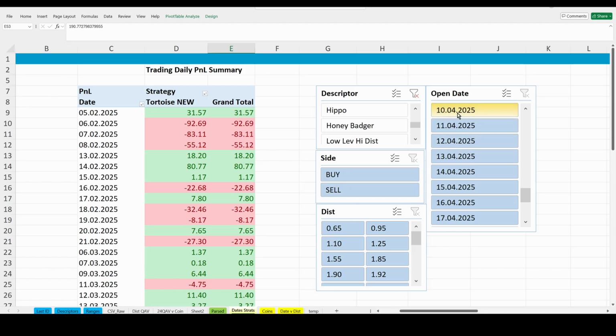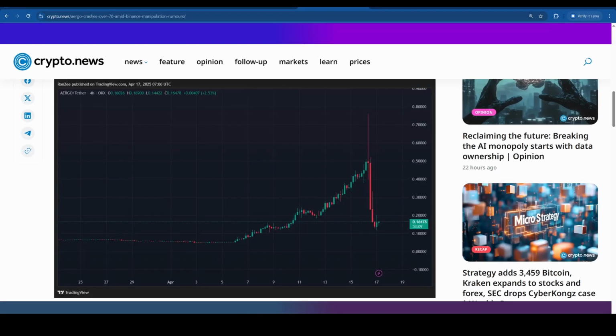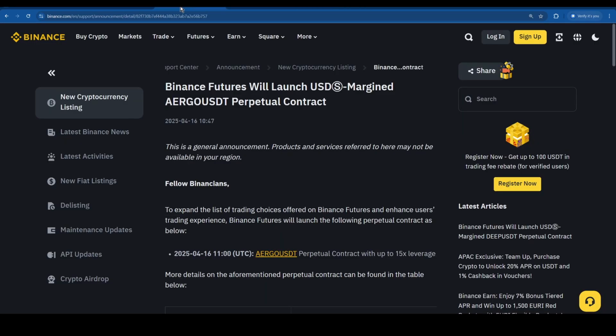Secondly, with fewer coins, you have more bandwidth, you might say, to watch out for them, to see what's actually going on, to read the news, and adjust your strategy accordingly. My understanding that it was going to be listed and that something was going to happen made me play it a bit safer, even though the strategy I was using was quite risky.